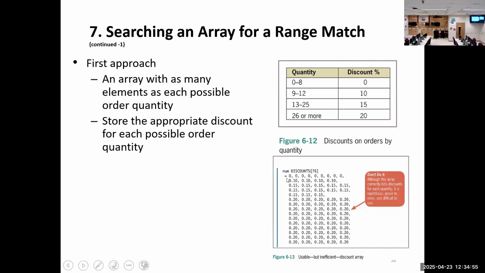You see for this one here, 0, you order for 1, you order for 2, you order for 3, you order for 4, for 5, for 6, 7, and 8 here. You have 0%, right? And now you have 9, 10, 11, 12, you have 10% here. You can do that one. You can do this one here.